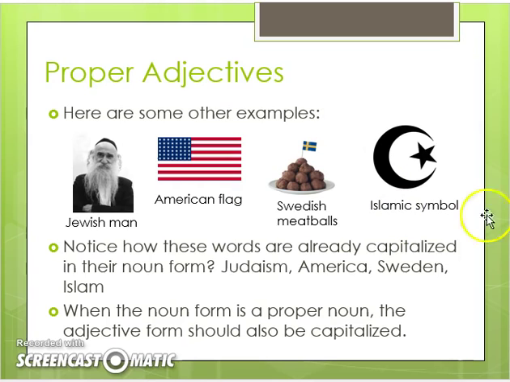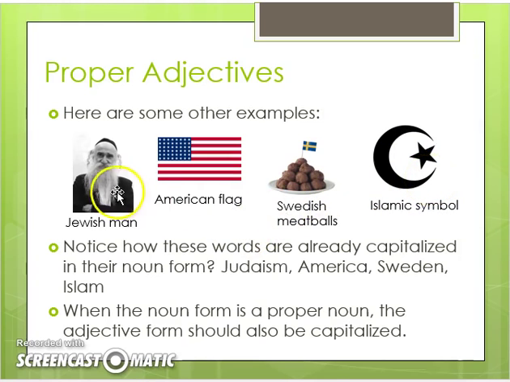So a Jewish man describes this man, his background, or his religion. An American flag describes the type of flag it is. Swedish meatballs describe what kind of meatballs we're talking about. Islamic symbol illustrates what kind of symbol this is.